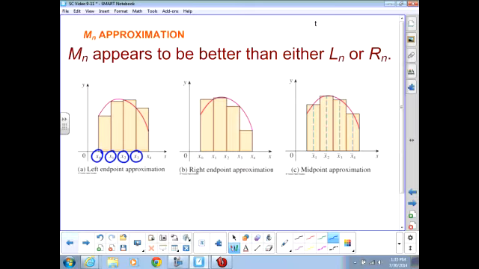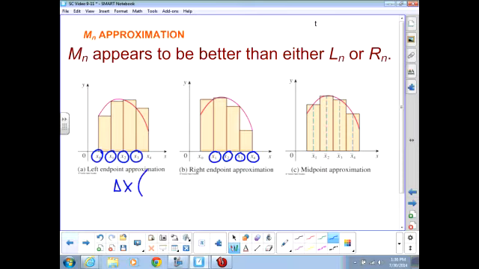So from that, we will get f of x0, f of x1, f of x2, and f of x3. When we look at our right-hand endpoints, we use x1, x2, x3, and x4. So we'll have f of x1, f of x2, f of x3, and f of x4. So the delta x is coming from the fact that we just had delta x out in front for each of them.